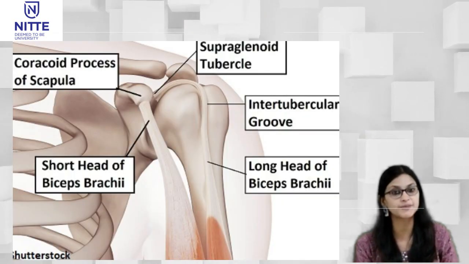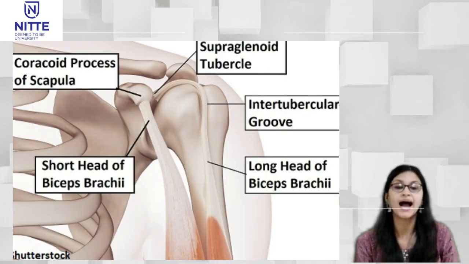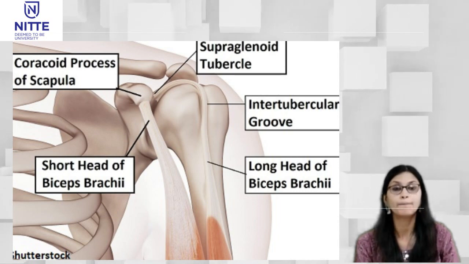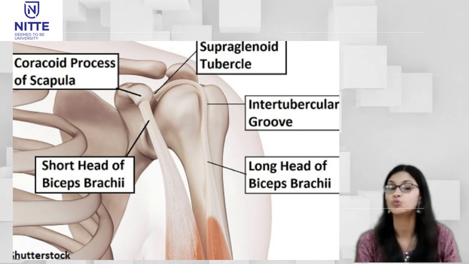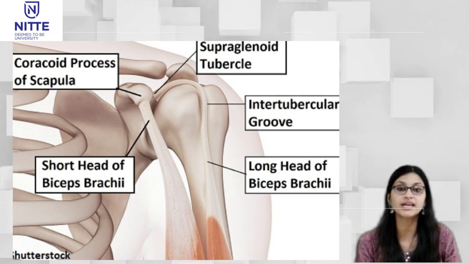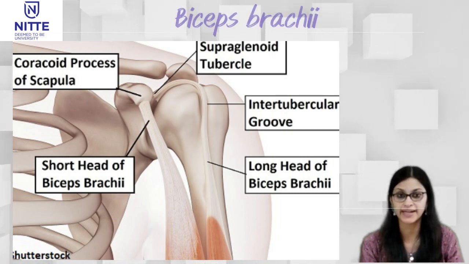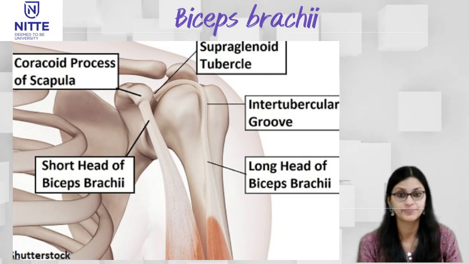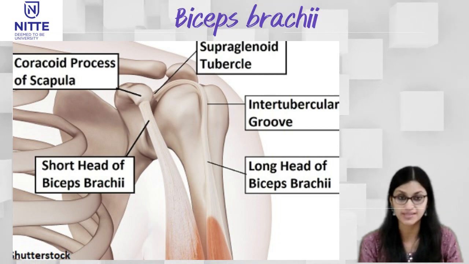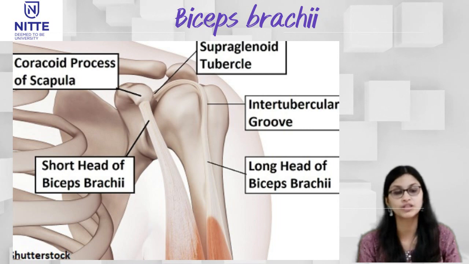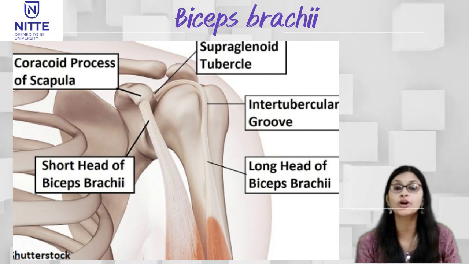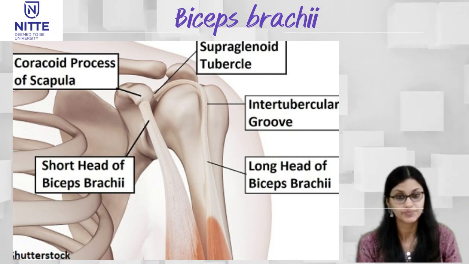Now the biceps brachii muscle. As the name suggests, biceps, bi means two. So this muscle takes origin in the form of two heads, short head and long head. The short head of the muscle takes origin from the coracoid process of the scapula.